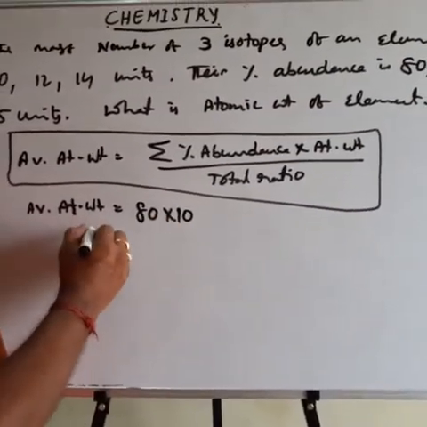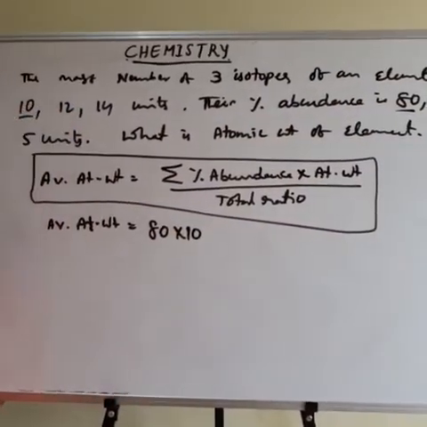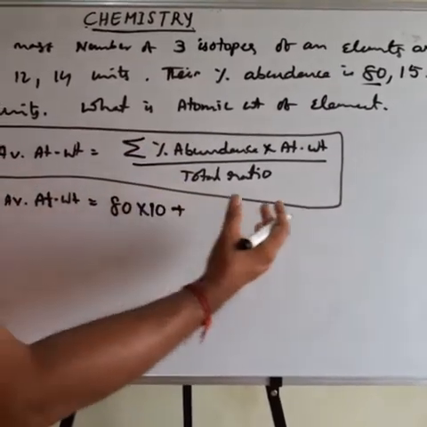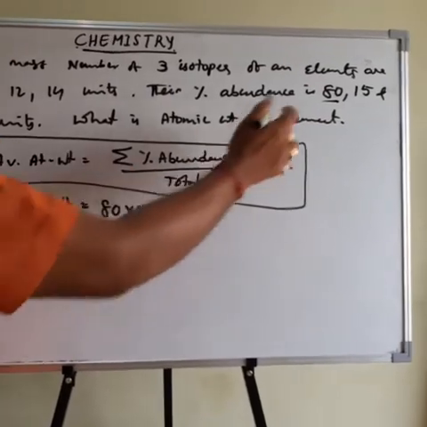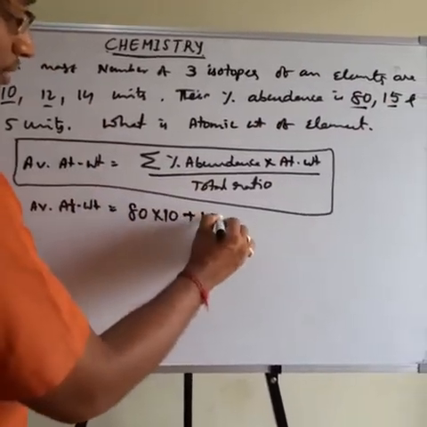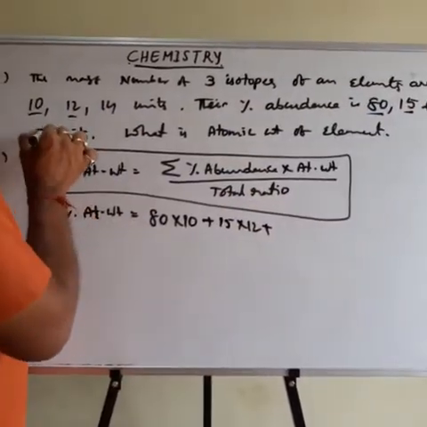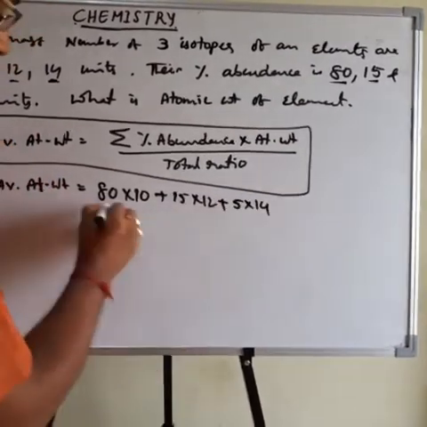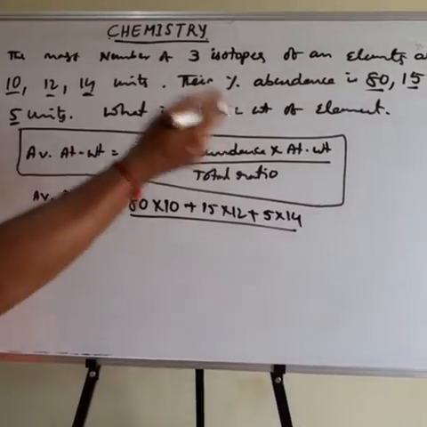So average atomic weight: percentage abundance 80, its atomic mass 10, plus, because we need the sum, the total value: 80 into 10 plus second percentage 15, its atomic weight 12, 15 into 12, plus third abundance 5, its atomic weight 14, 5 into 14, by total ratio. Total ratio means total abundance.